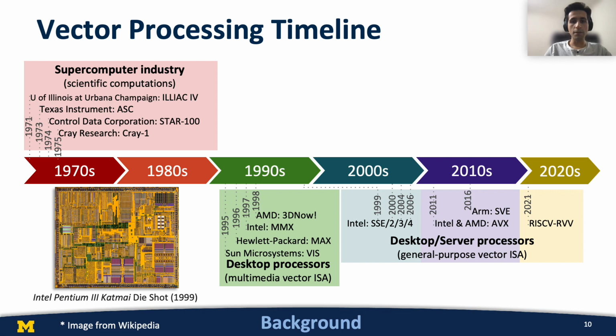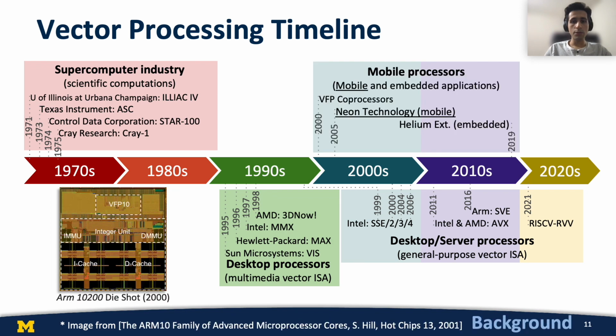Vector processing evolved by supporting various data types, wider registers, more registers, and sophisticated instructions for a variety of application domains. ARM introduced Neon technology in 2005, which is the dominant vector extension used in state-of-the-art mobile processors. Today, vector pipelines are prevalent in all processors, from supercomputers to embedded microcontrollers.